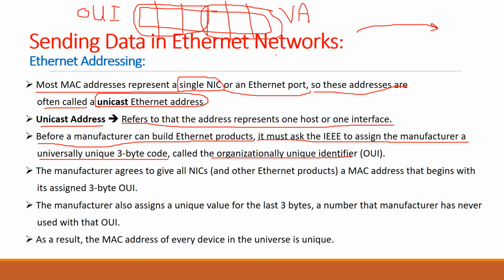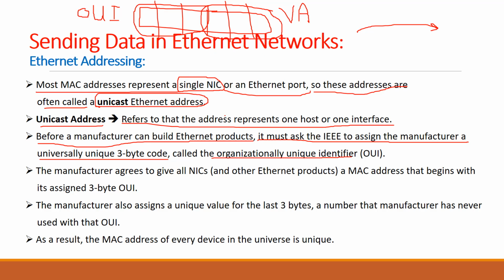So when a manufacturer builds a specific Ethernet product, it must ask the IEEE to assign it the first 3 bytes, which is called the OUI. Then the manufacturer assigns the Ethernet products another 3 bytes that is called vendor assigned.